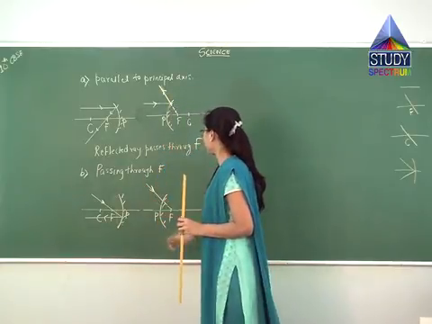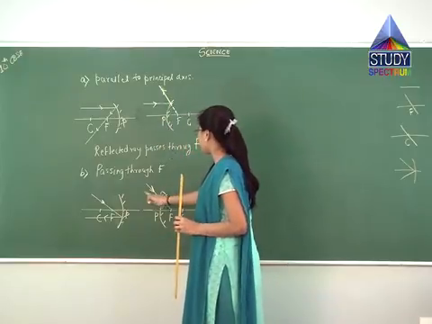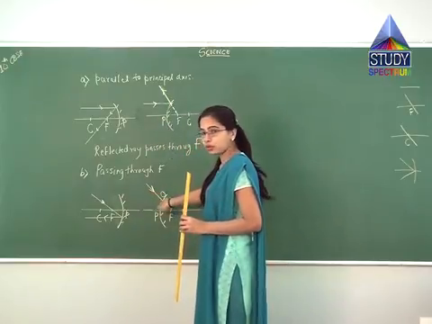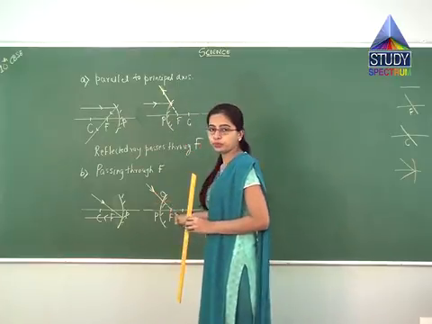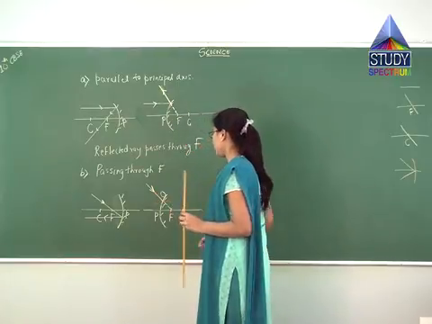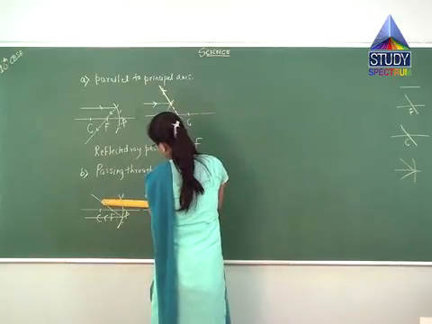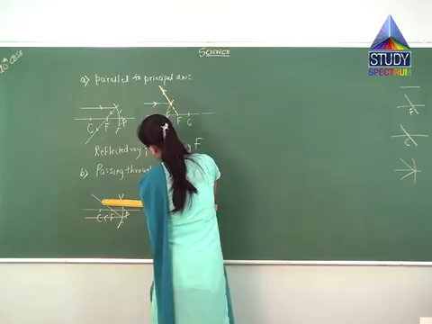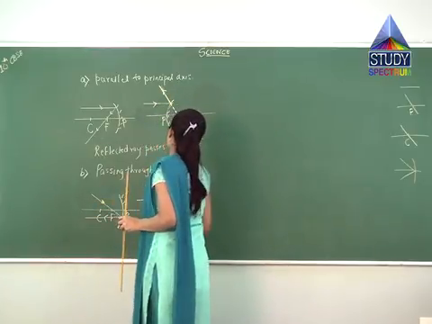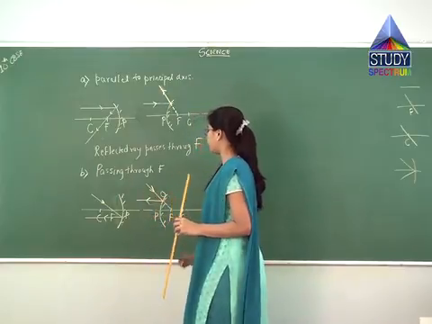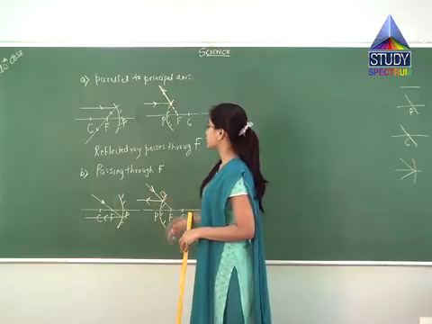Suppose this is point O, the point of incidence, but it appears that it is passing through the focus F. Now you will see that this ray also will get reflected like this. You can see it is parallel to the principal axis. So this is the case.